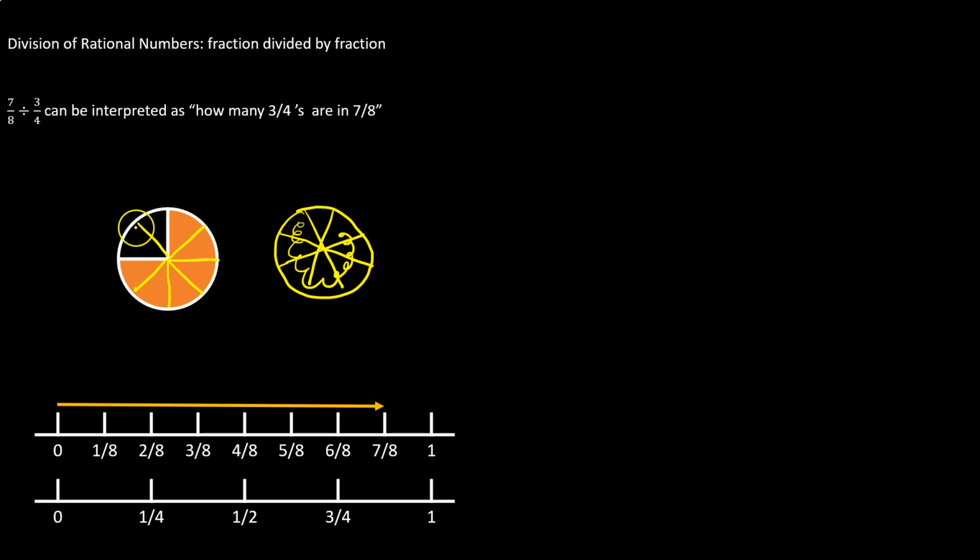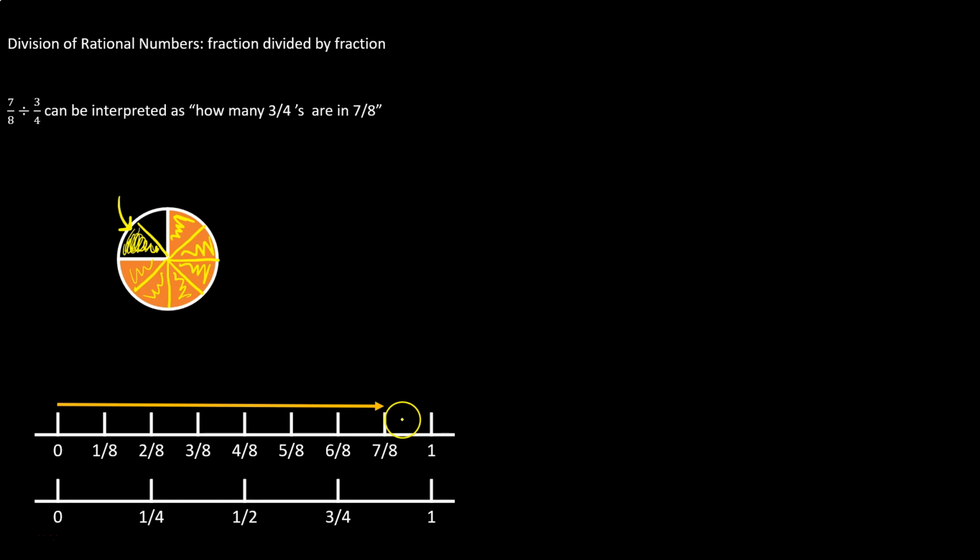And we can see that 3/4 is small enough to fit inside of 7/8, but it doesn't fill it up completely. So if we look at this piece, we've got this extra part that is the 7/8 that's not represented by 3/4. So let's try the number line model instead.